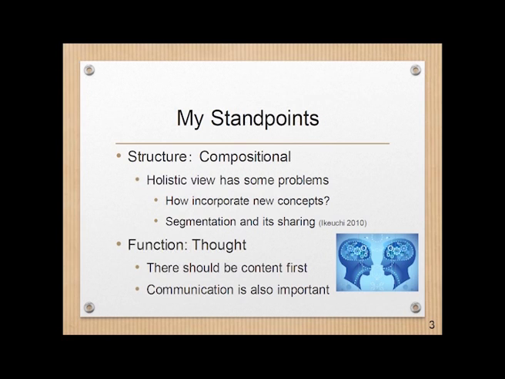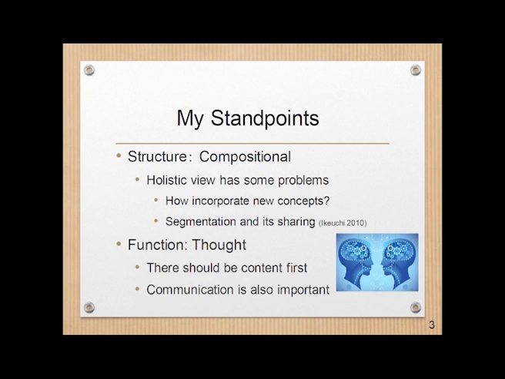Then I clarify my standpoints among those issues. Regarding its structure, I assume that the protolanguage was compositional, composed of some prototype words, because I think the holistic view has some problems.